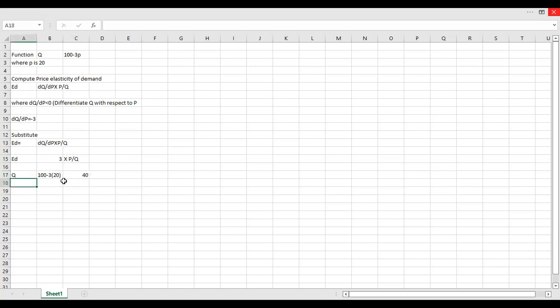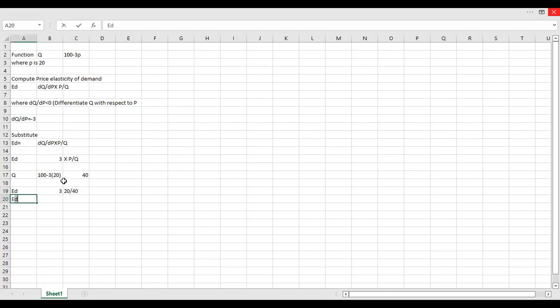When our Q has been determined to be 40, we now substitute this into the demand function to determine our elasticity of demand. So we've gotten our quantity to be 40. Therefore, our elasticity of demand will be equal to minus 3 multiplied by price, which is given to be 20, divided by the quantity that we just determined to be 40.